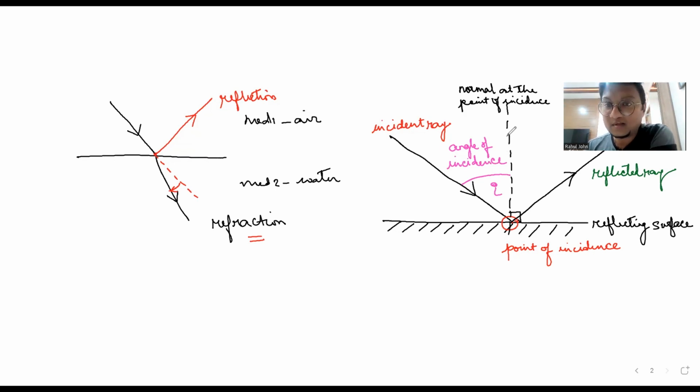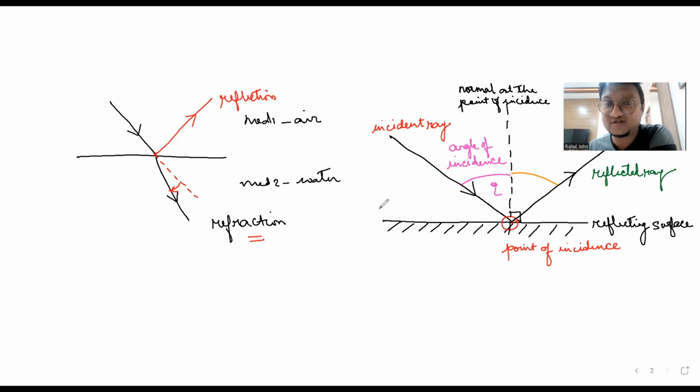Next, the geometrical angle between the reflected ray and the normal at the point of incidence. Remember, whenever you are writing your answer or mentioning it in your diagram or your exam paper, always remember to mention it as the normal at the point of incidence, because there can be many normals.